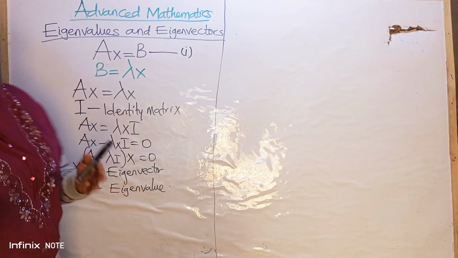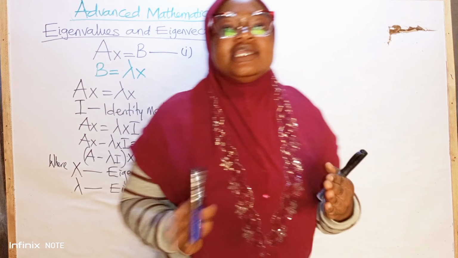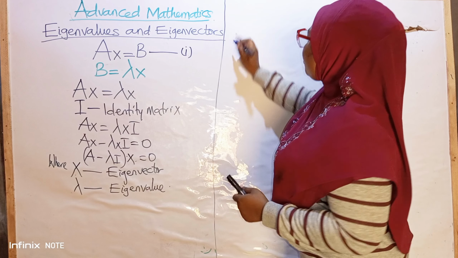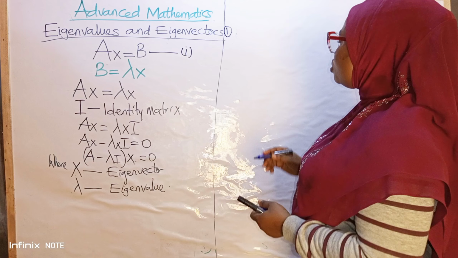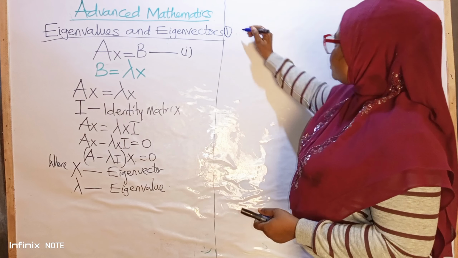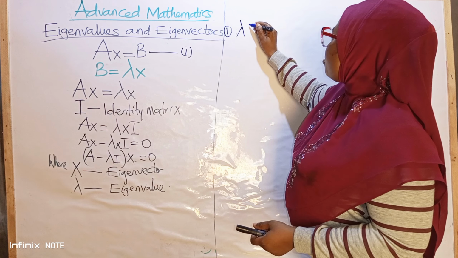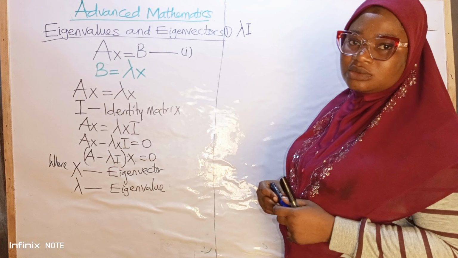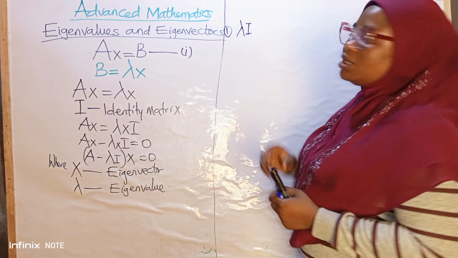Now, what are the steps to follow if you want to find your eigenvalues and eigenvectors? The first step is that you multiply your lambda by an identity matrix.